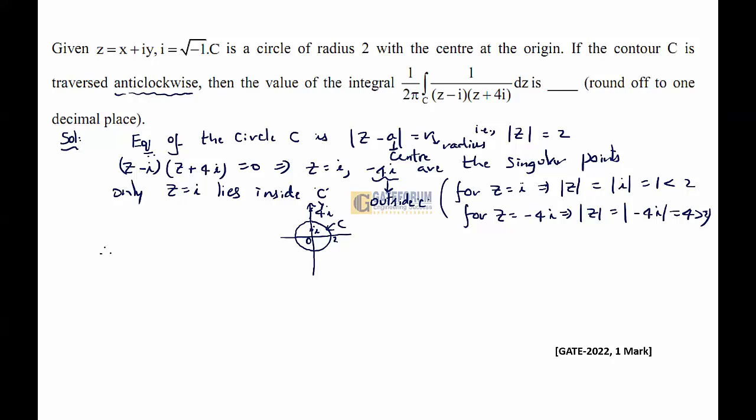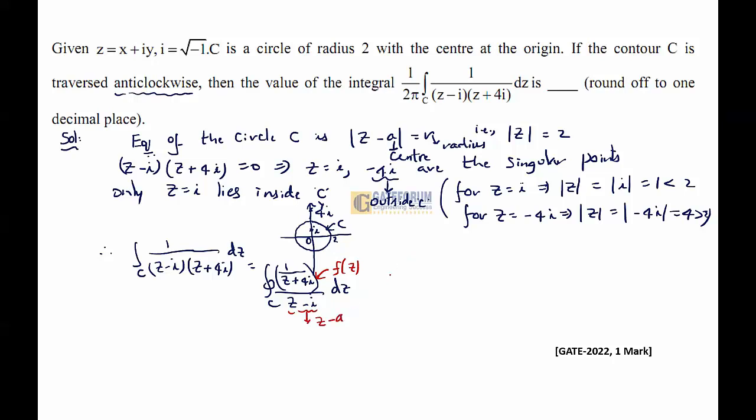So therefore, the integral over C of 1 by (z minus i) into (z plus 4i) dz can be written as the integral over the closed curve C of (1 by (z plus 4i)) divided by (z minus i) dz, which looks like Cauchy's integral formula, f of z by z minus a, where the numerator 1 by (z plus 4i) I denote f of z, and the denominator is z minus a.